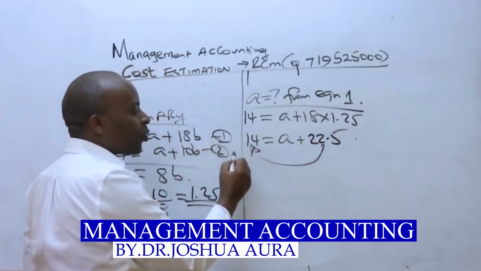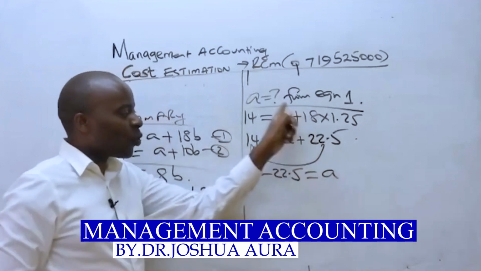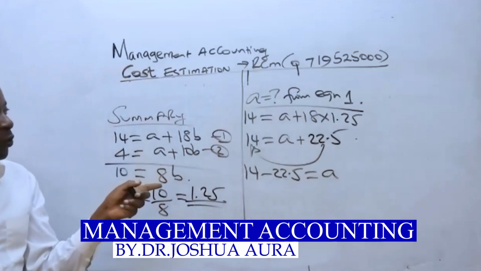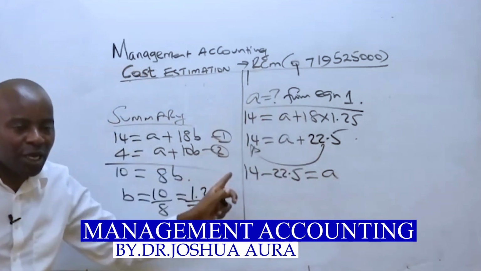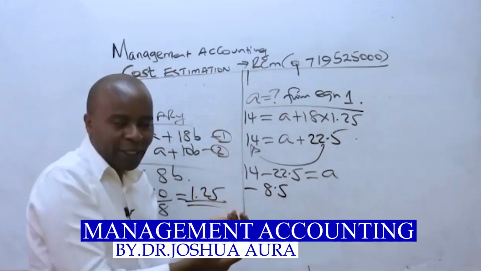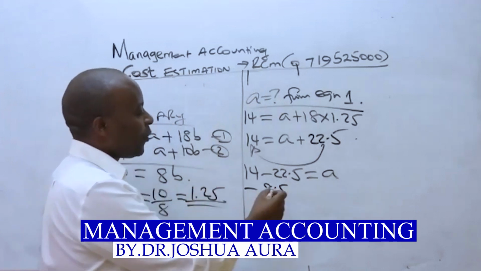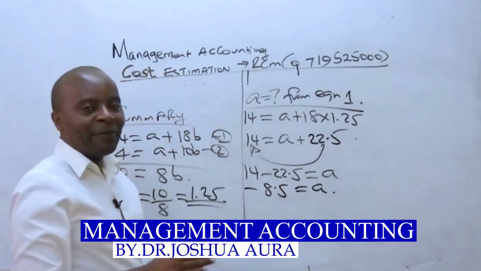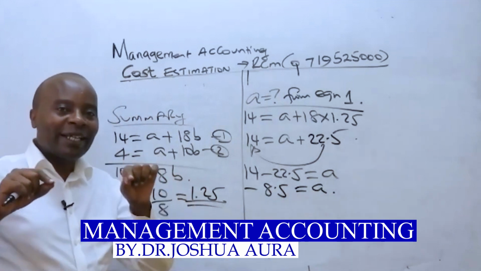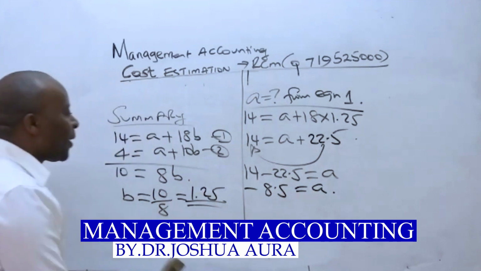So come and take this to the other side. It will be 14 minus 22.5 equals A. This one crossing over, we expect of course the sign to change, which gives us negative 8.5. Unfortunately, because of the examples that I'm giving you from my head, I'm getting A to be negative again. Too bad. But for purposes of driving the point home, I want to believe you are really getting the concept.